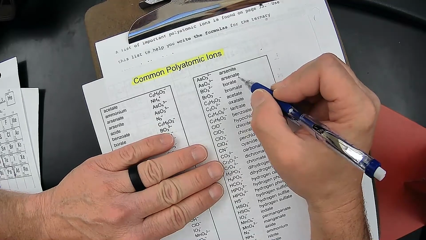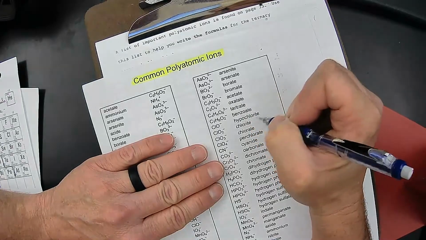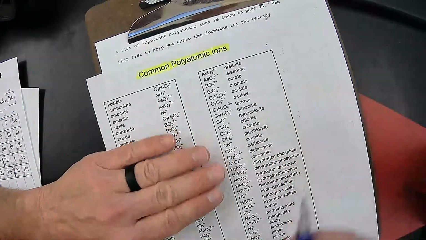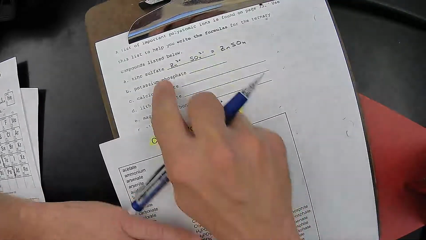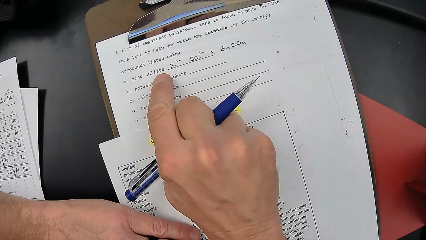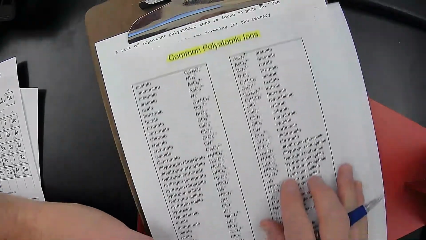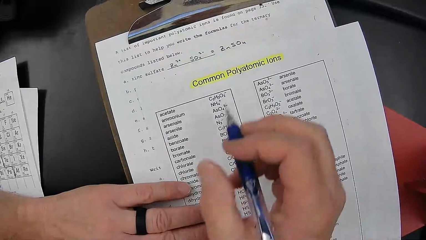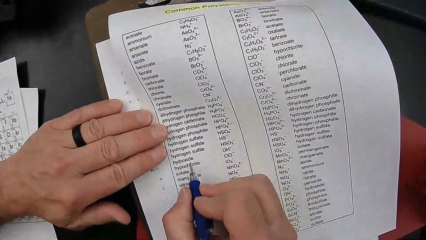Notice ate, ate, ate, ate, ate, ate, ite, ate. That's our clue to look on the back of the periodic table when it ends in that ATE or ITE, with the exception of two. One is hydroxide.